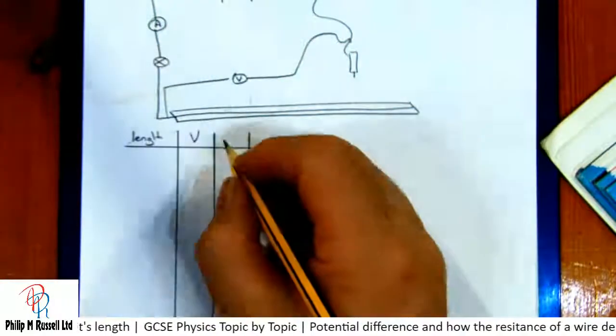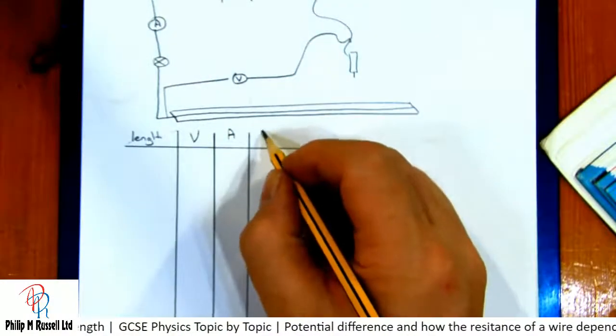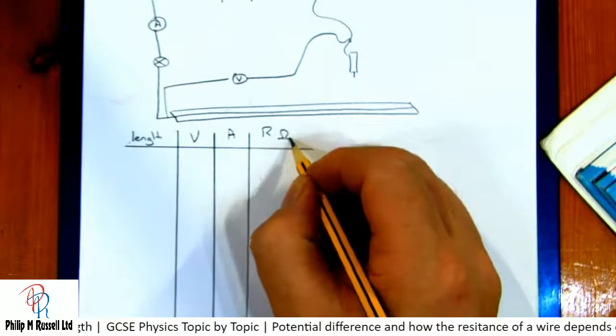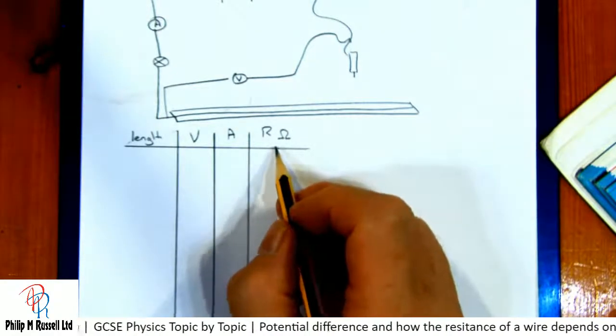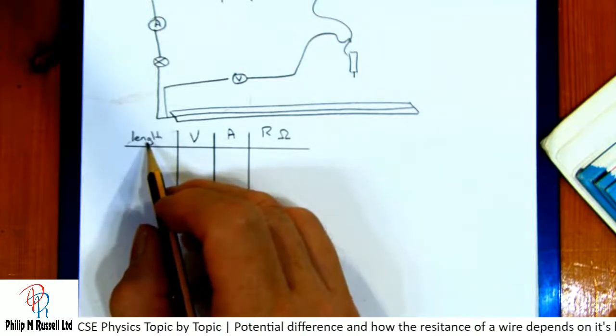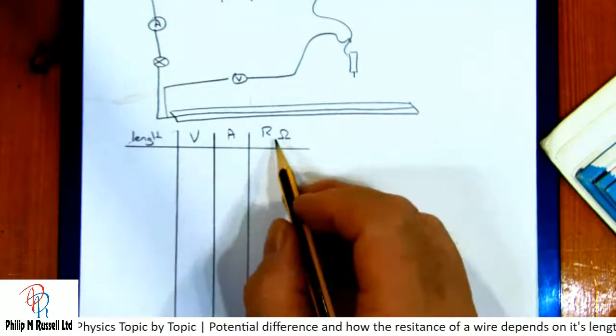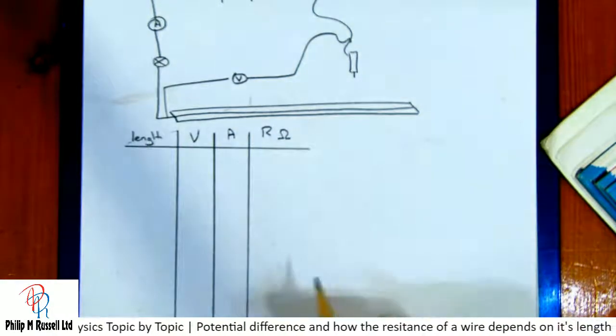We're going to record the current, and we're going to work out the resistance, which we'll measure in ohms, and from that we can draw a graph of length against resistance.